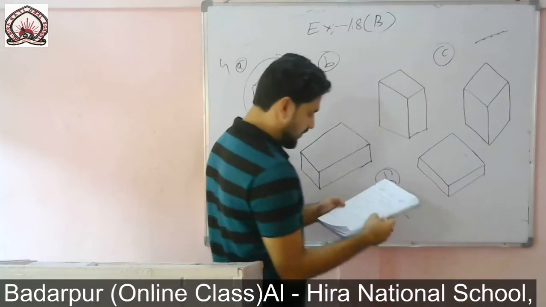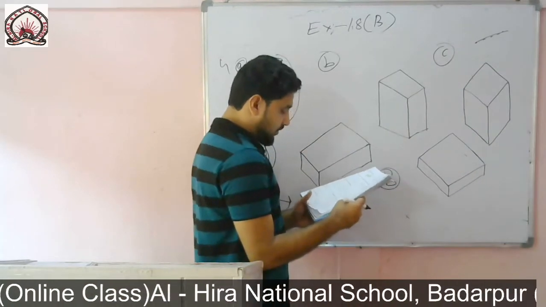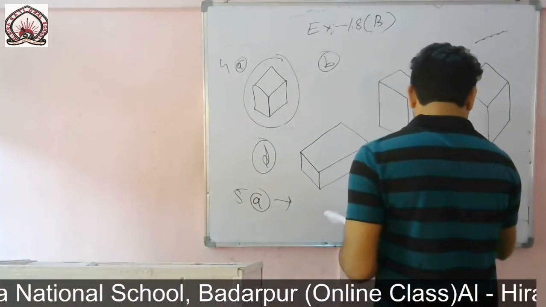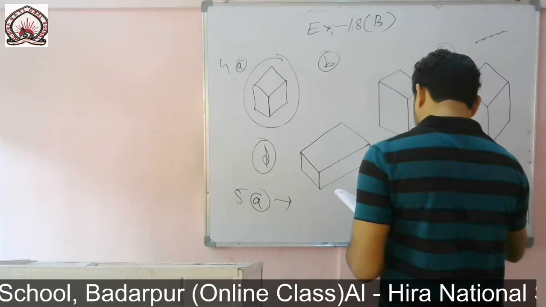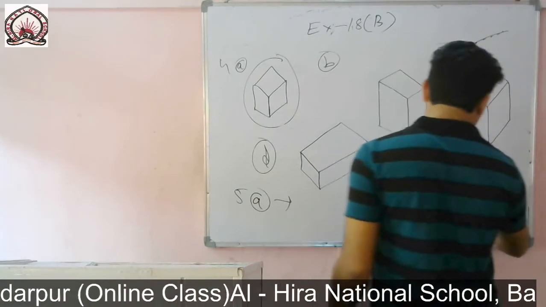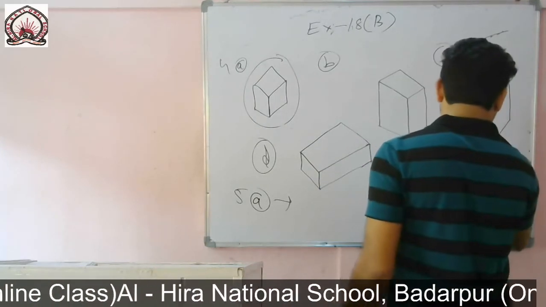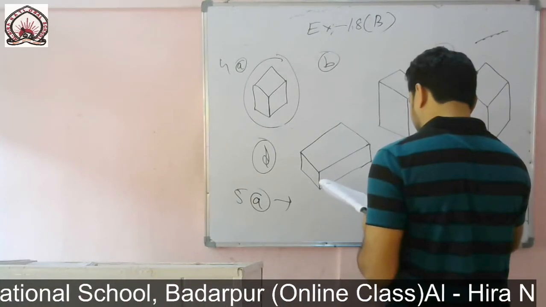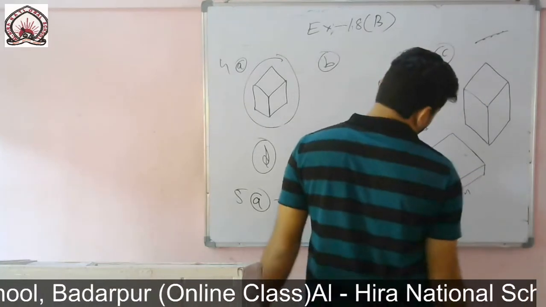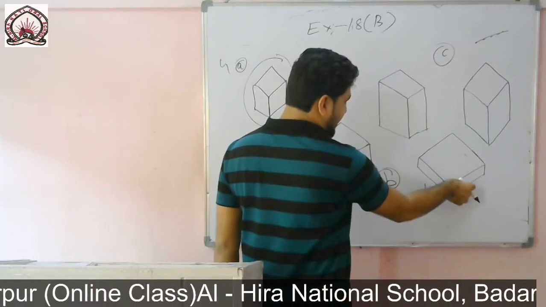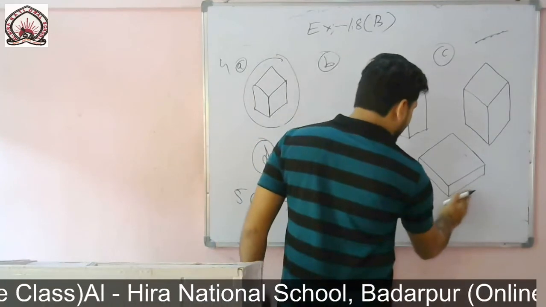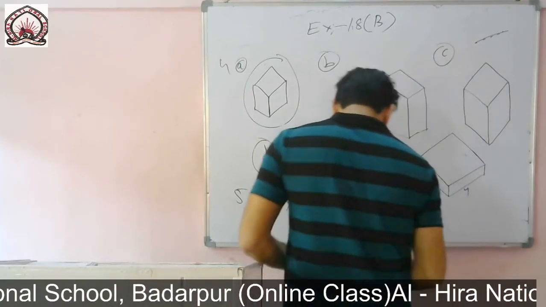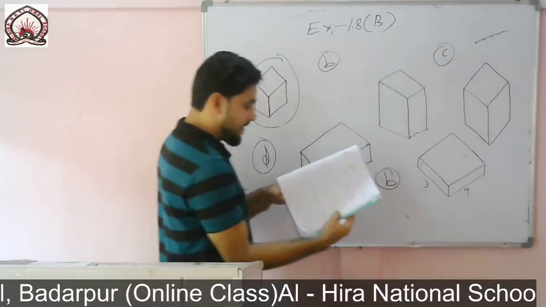Height what? You see, that is the height 1, and length 4 centimeter, that will be the length. And breadth will be this one. So length, breadth and height we have drawn. This will be the thickness. Height will be 1, breadth will be 3, and length will be 4. So question number 5 is done.